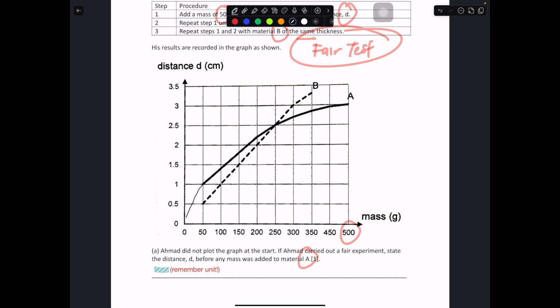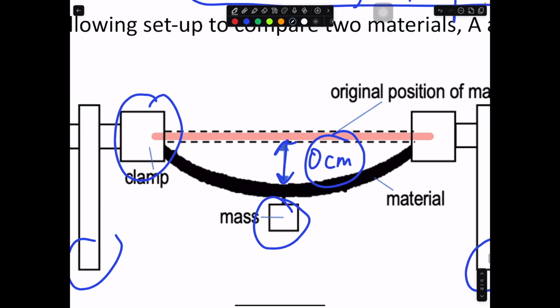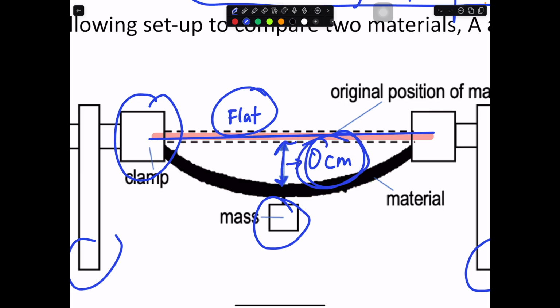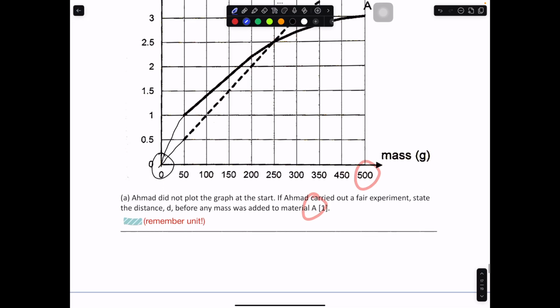All of them would have started from 0. That means both materials are very flat, with no slack at all. So the distance over here should be 0 cm.